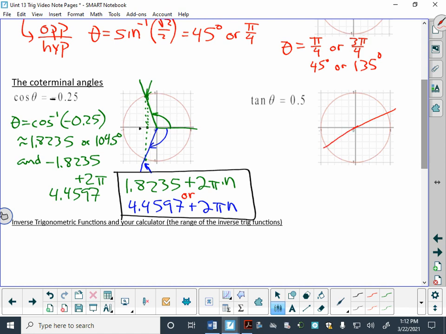And so I can see that that also occurs in two places on my circle: one in the first quadrant and one in the third quadrant. And so in my calculator, if I do theta equals the inverse tangent of 0.5, I get 0.4636.